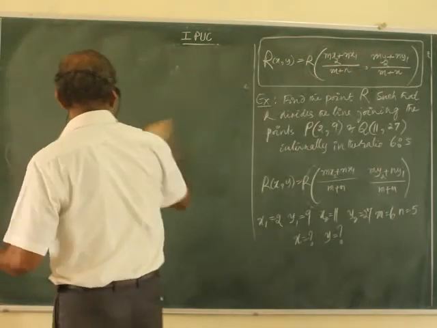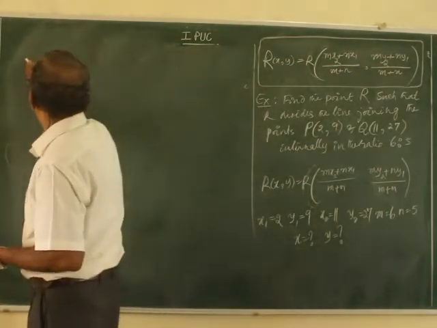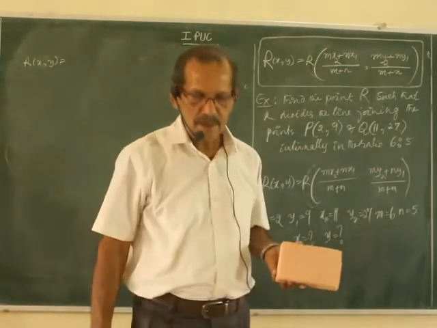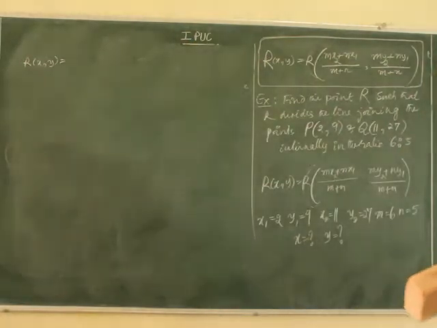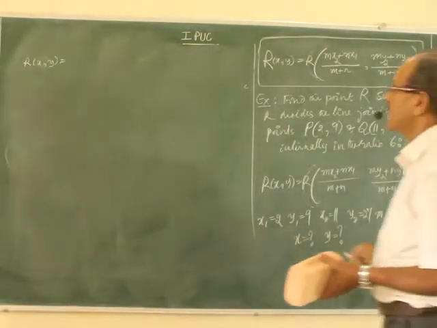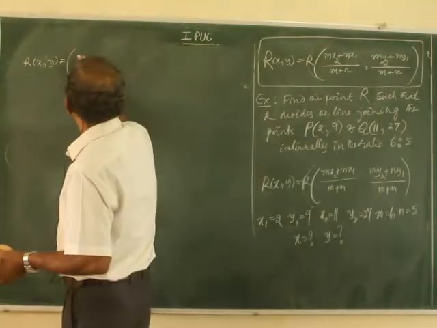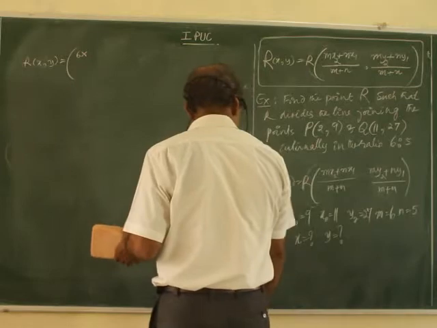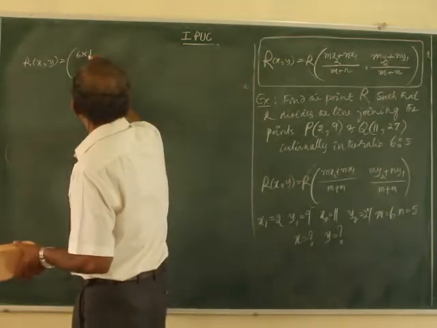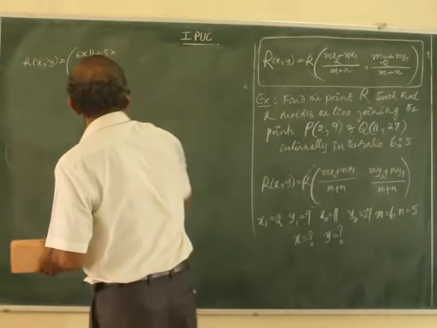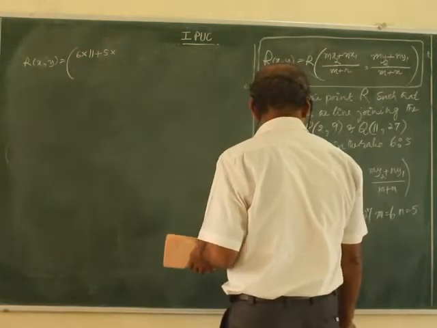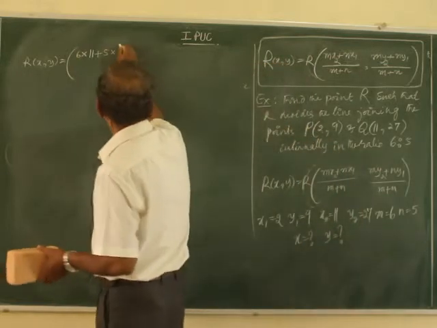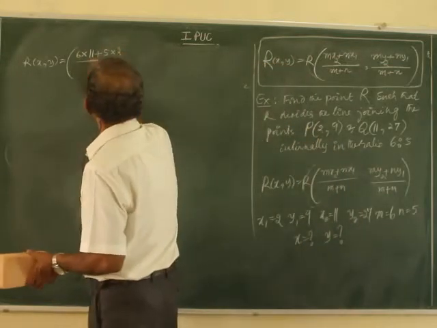R(x, y) equal to mx2, 6 into x2, 11, plus nx1, 2, by m plus n.